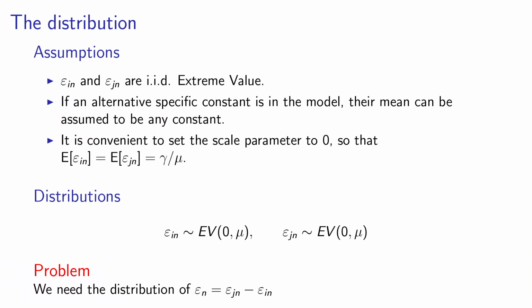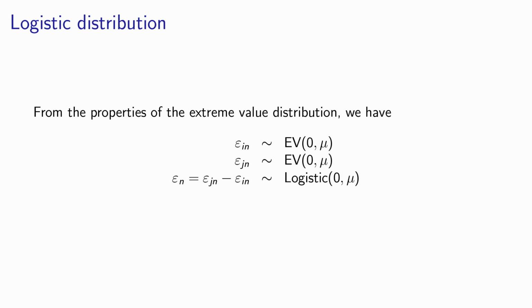The problem is that what we need is the distribution of epsilon n, that is the difference between epsilon jn and epsilon in. Unlike the normal distribution, the difference between two extreme value distributions does not follow an extreme value distribution. But again, from statistical textbooks, we know that the difference between two extreme value distributed variables follows a logistic distribution.